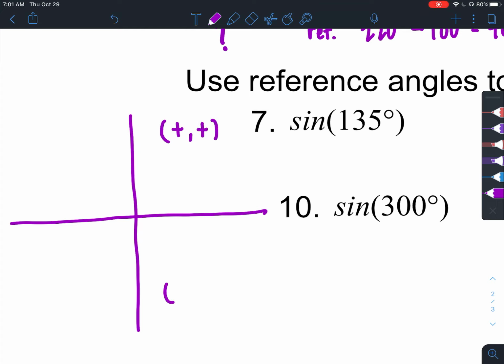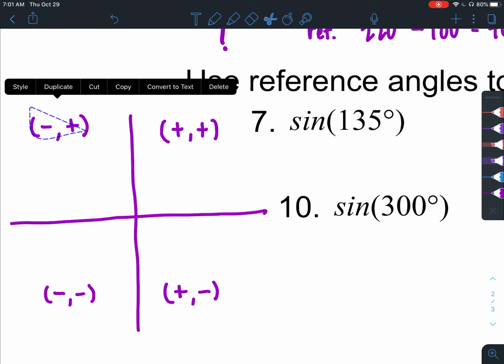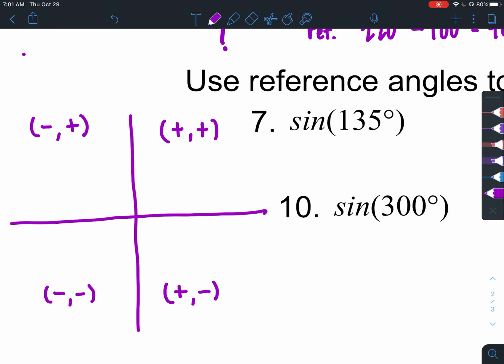This is negative, positive, negative, negative, negative, and negative, positive. Okay, so we have this information. We also know that x comma y is equal to cosine of x, sine of x.